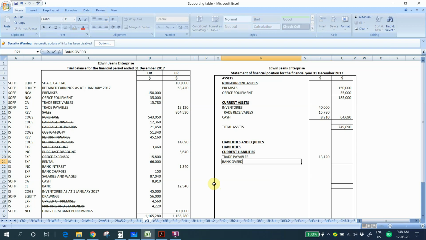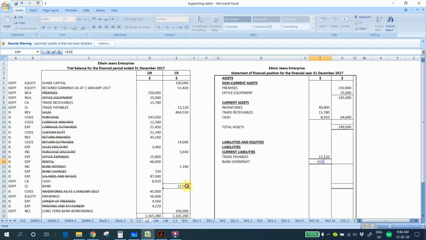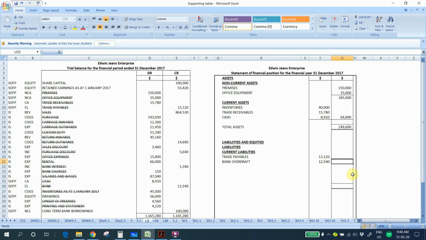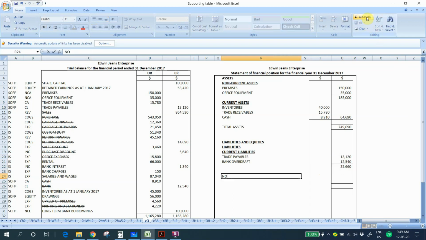Because it's a negative balance, we put bank overdraft, 12540. So we strike through the items that we have recorded. We have recorded trade receivables, payables. We also recorded cash and bank. So the total current liability we have is 25660.